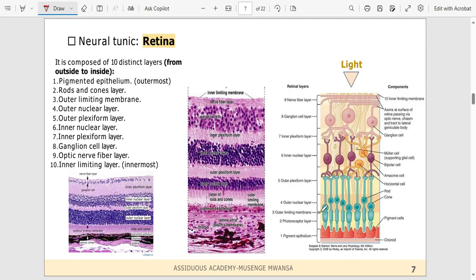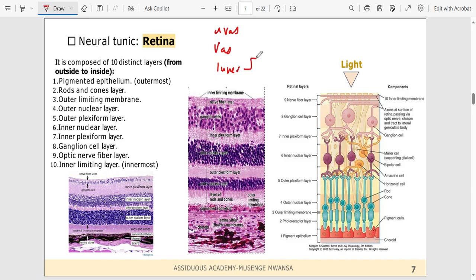So the first thing is that each cell has got a cell body, isn't it? Before you can have the rods and the cones, remember we've said that you have got 3 layers of the eyeball. You have got the avascular layer, also called the fibrous, you have got the vascular layer, and then you have got the inner layer.